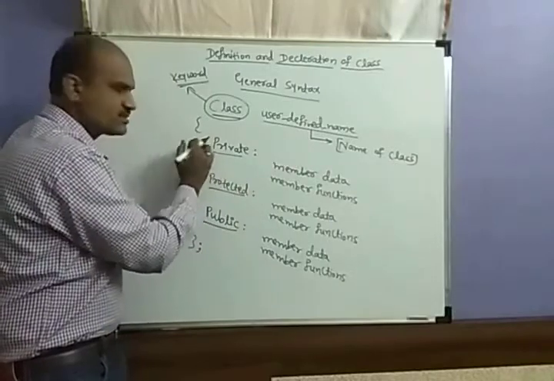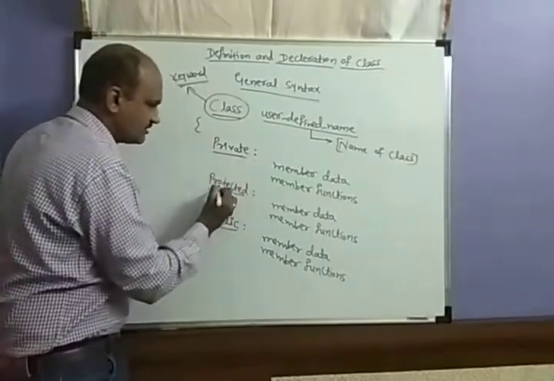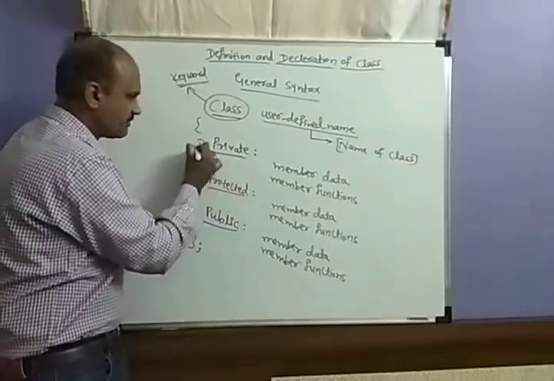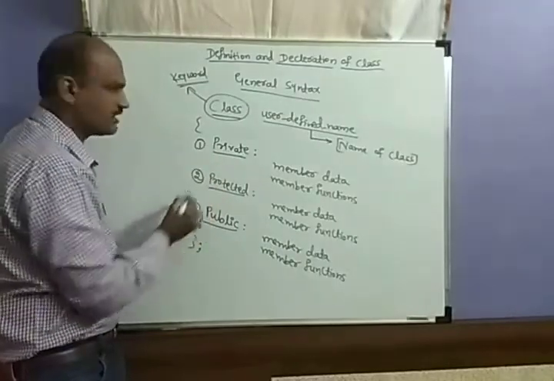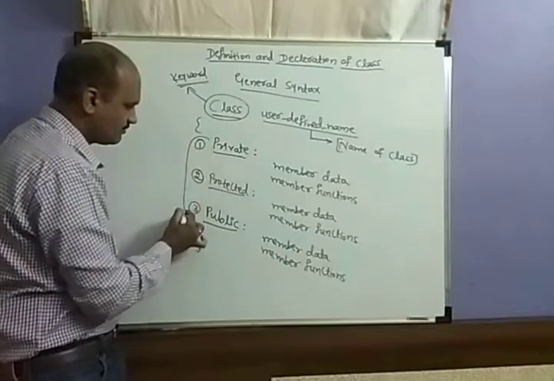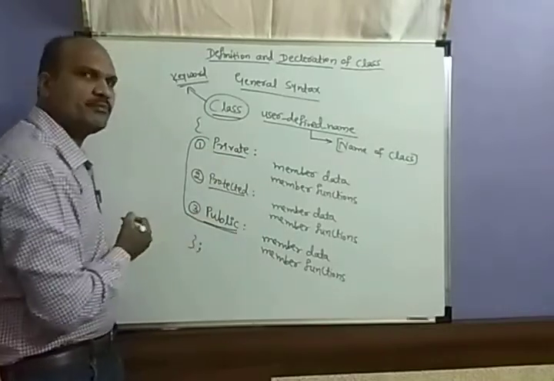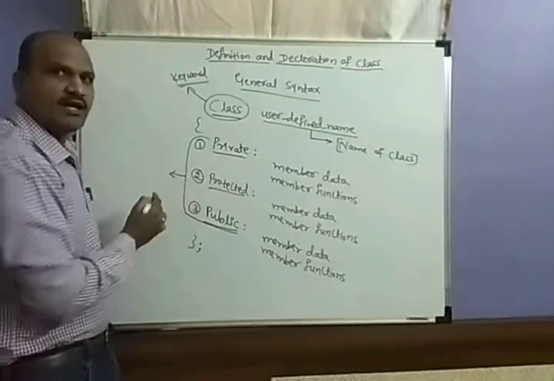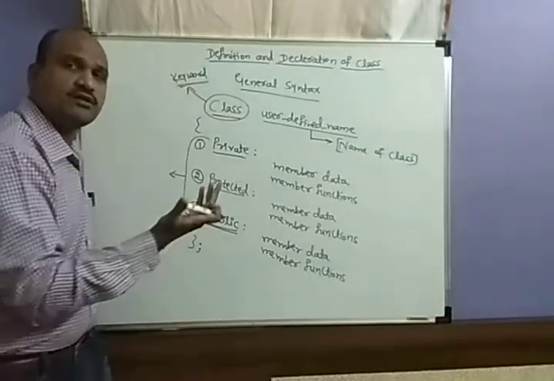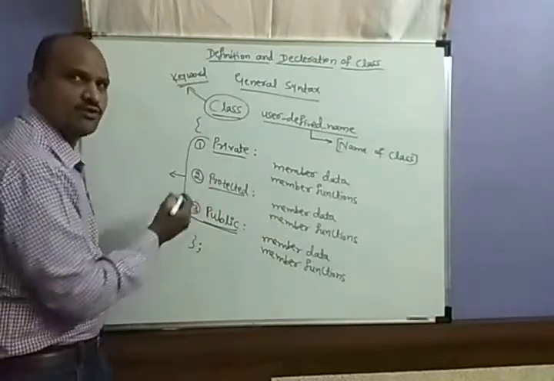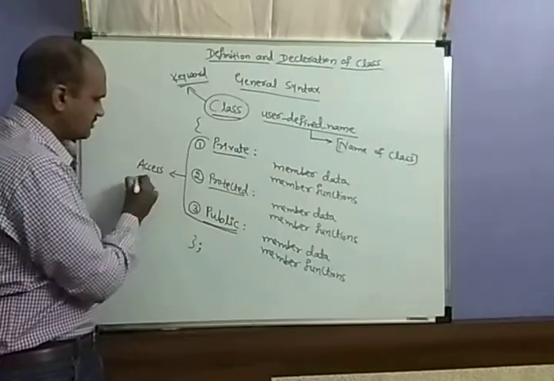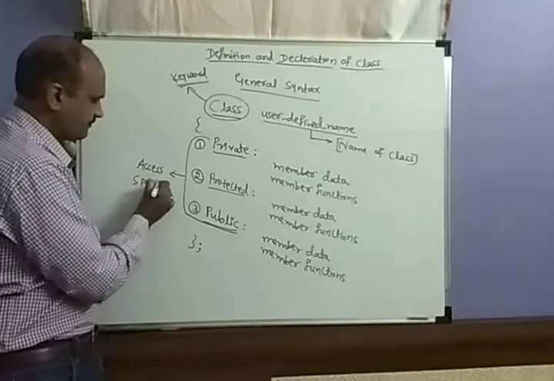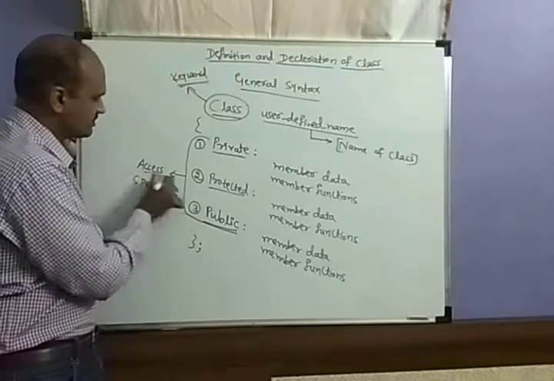Then open brace, the private. Then there are 3: one is private, another is protected, third one is public. As I told you, these are called access specifiers.